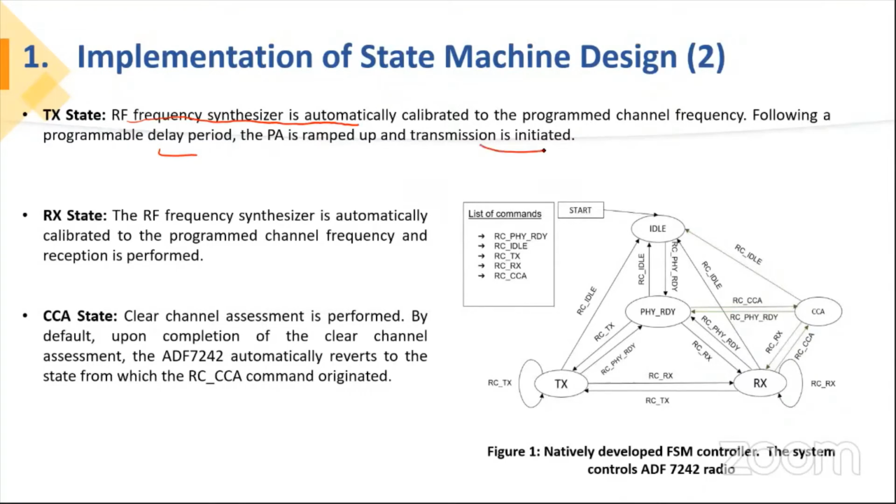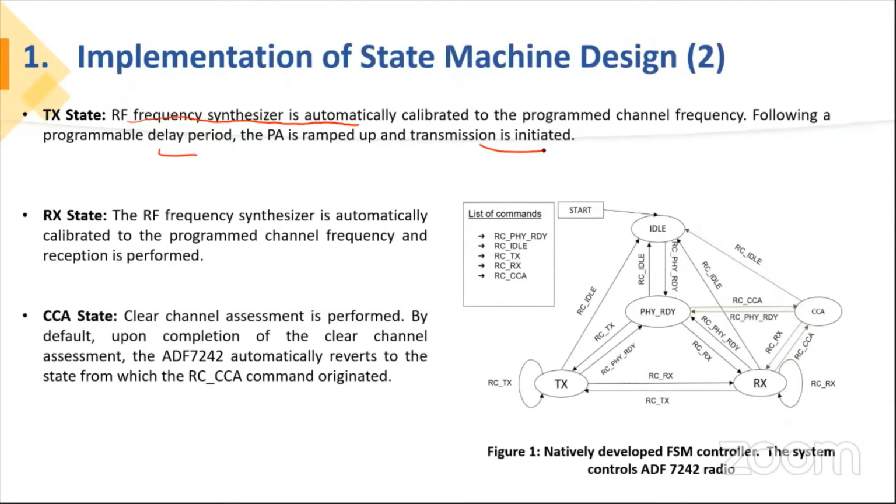Okay, that is what you do. Then in the reception state, the RF frequency synthesizer is automatically calibrated, because if you are doing a transmission and waiting for an acknowledgement, you don't have to repeat the procedure. So you can wait for an ACK packet to come back.